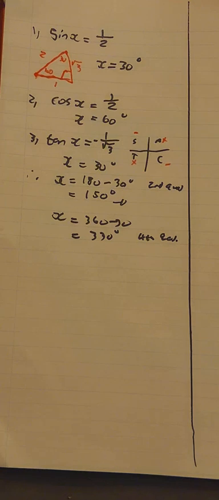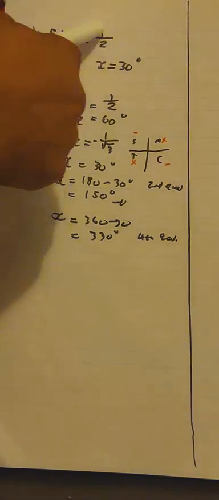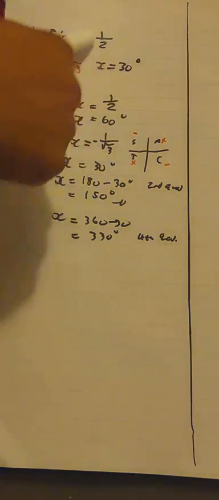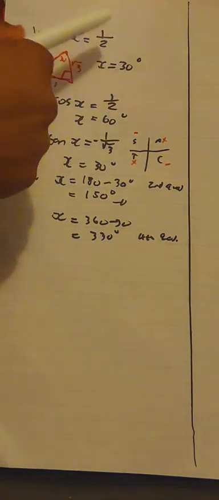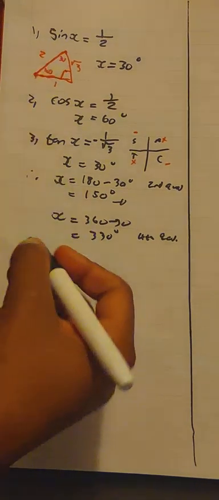Okay guys, let me look for more questions. And now this time we were given only the numbers and from the numbers we looked for the angles, and we used what? The special angles.